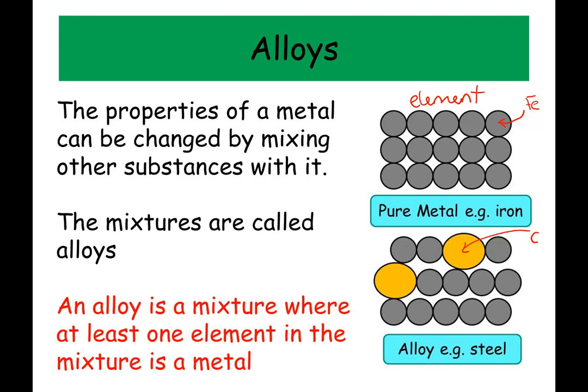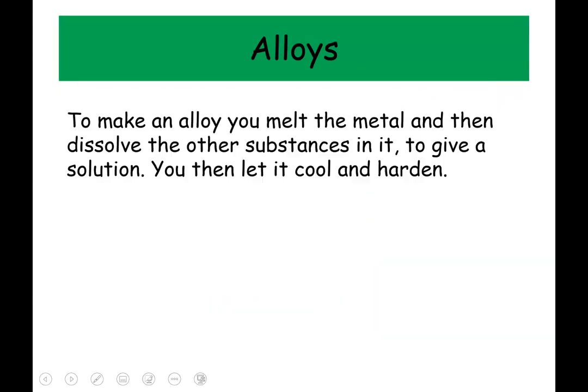Now notice that it says that at least one element in the mixture has to be a metal. Okay, it could be more than one or it could just be one. So in the example of steel, we've got a metal mixed with a non-metal. Sometimes you will find that the alloy is a mixture of two different metals. It depends on the example that we are looking at.